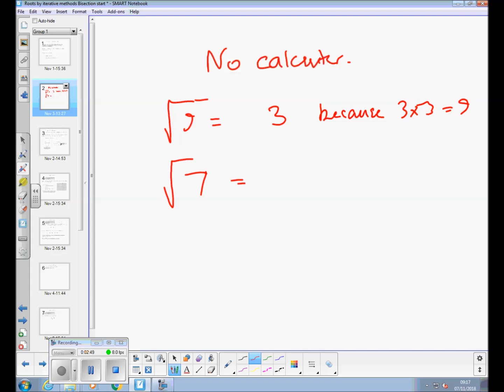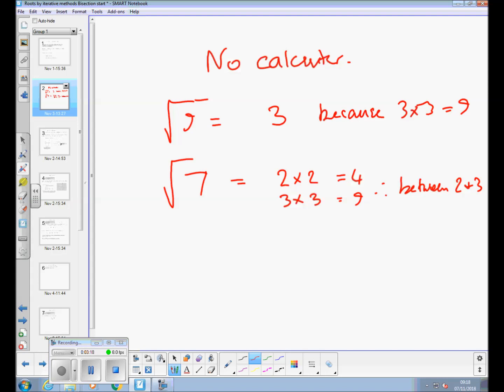So if you're doing an estimate, 2 times 2 equals 4. 3 times 3 equals 9. So the result of the square root of 7 is between 2 and 3. So you're right in that.